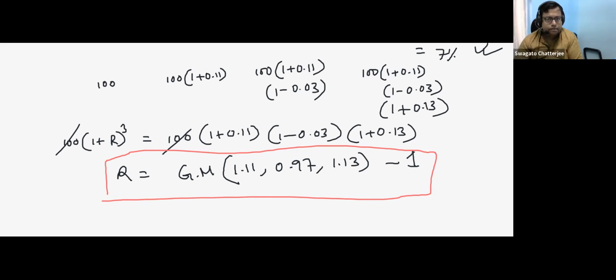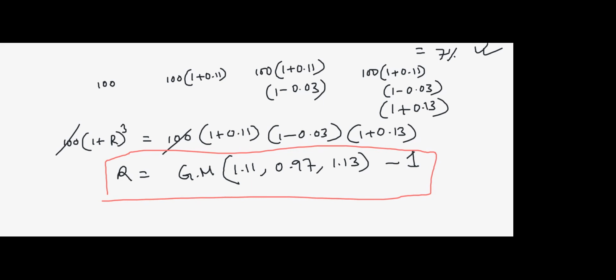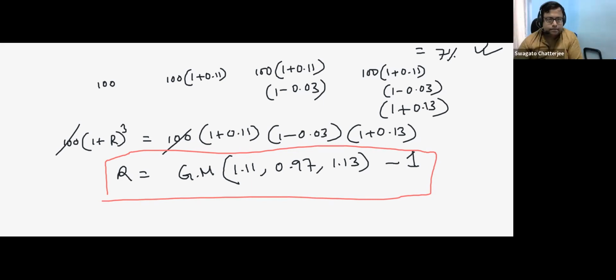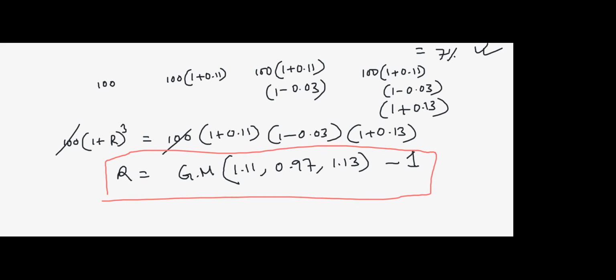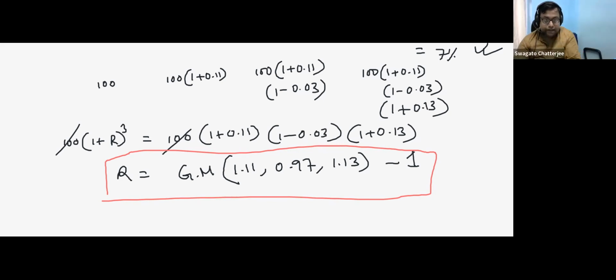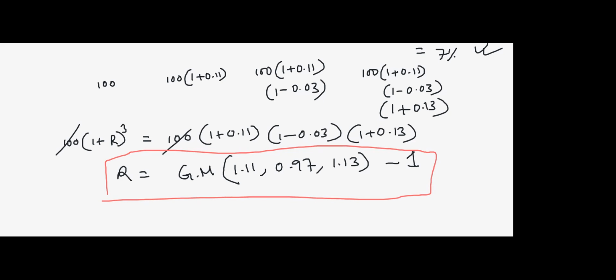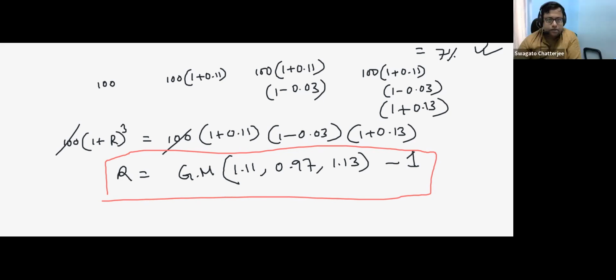Excuse me, sir, I have just one question. Sir, this is like a compound interest, right? It's compound interest, yes. So it's the geometric mean of the returns minus 1. With 1 plus 0.11, the interest is 0.11, or the return value is whatever you say.